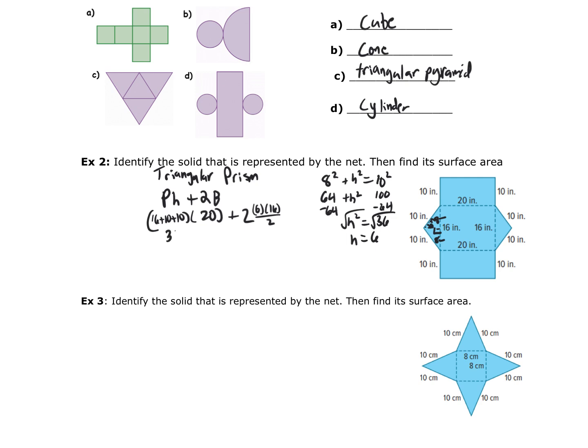The 2's cancel out, so I'm just left with the 6 times the 16. So that's going to be 128. Wait, nope, sorry. 96. Sorry about that.